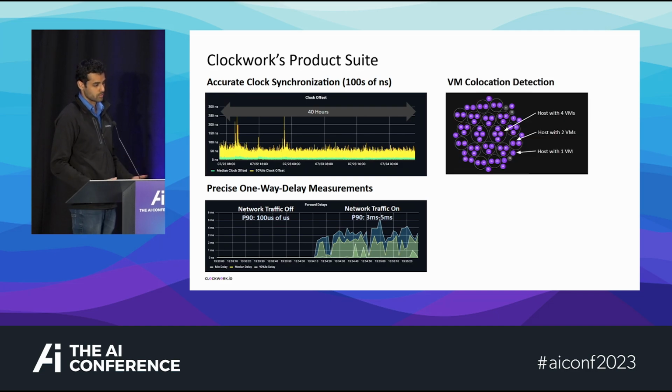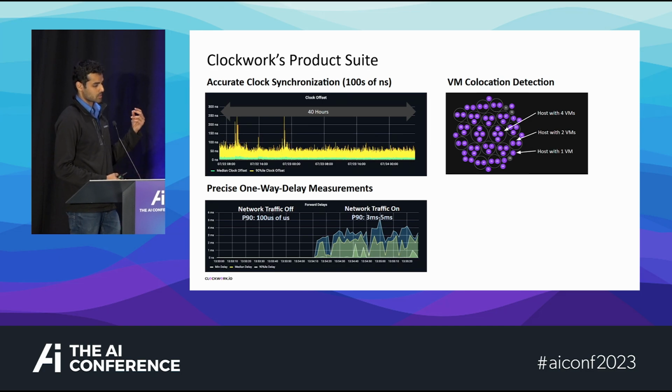The third thing that we do is VM colocation detection. This is an example of a colocation result that you might get if you were to provision 50 nodes in the public cloud. A number of the hosts, as you can see, are singletons, meaning that they're not located with any of the other ones. But many of the nodes are actually collocated. Every circle here is a single node, and the larger circles indicate physical hosts.